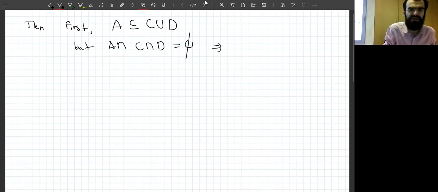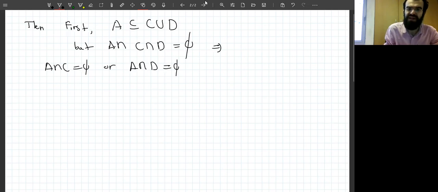This implies A intersection C is empty or A intersection D is empty, as A is connected.